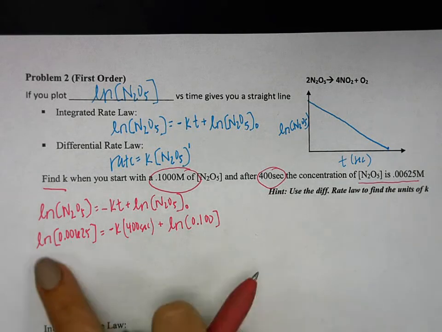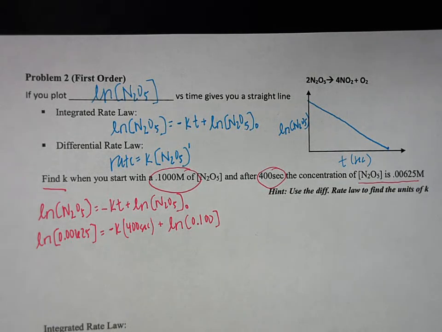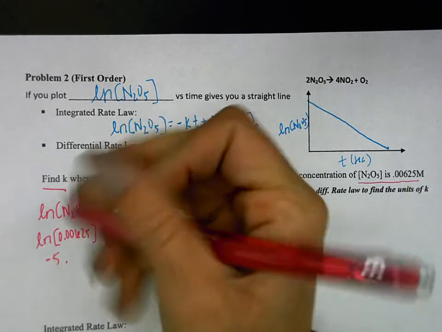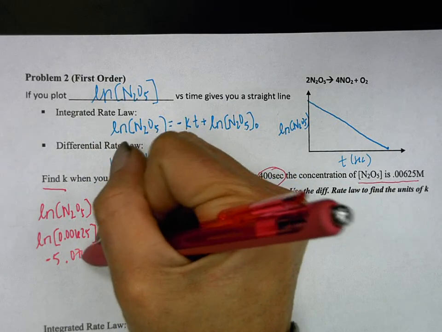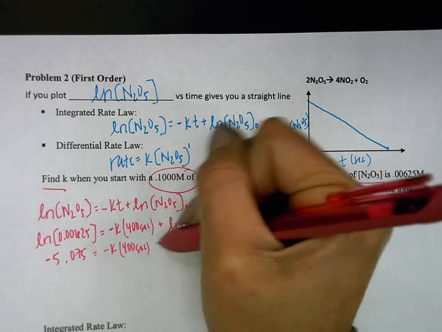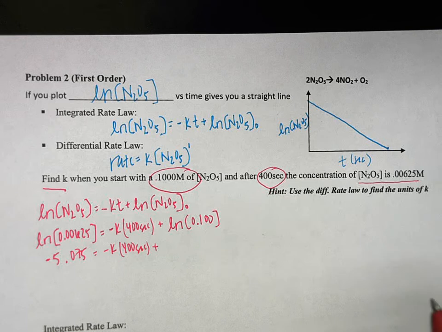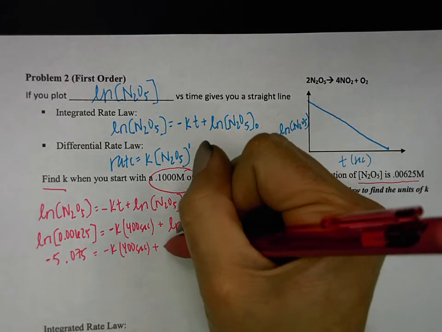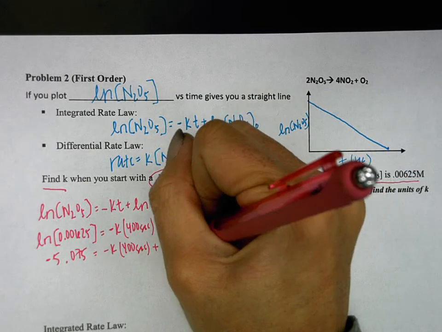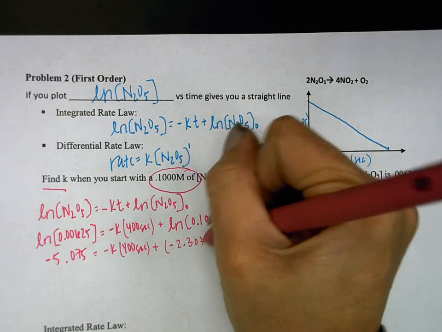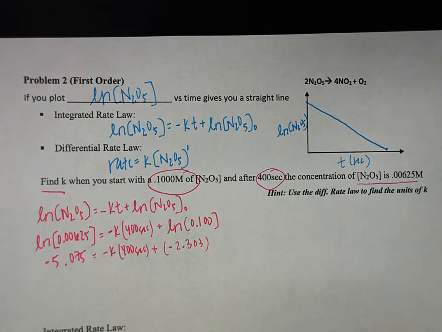When I plug in the Ln of 0.00625, I get negative 5.075 equals negative k times 400 seconds, plus, and when I take the Ln of 0.1, I get negative 2.303. Right, so we're going to solve for k.